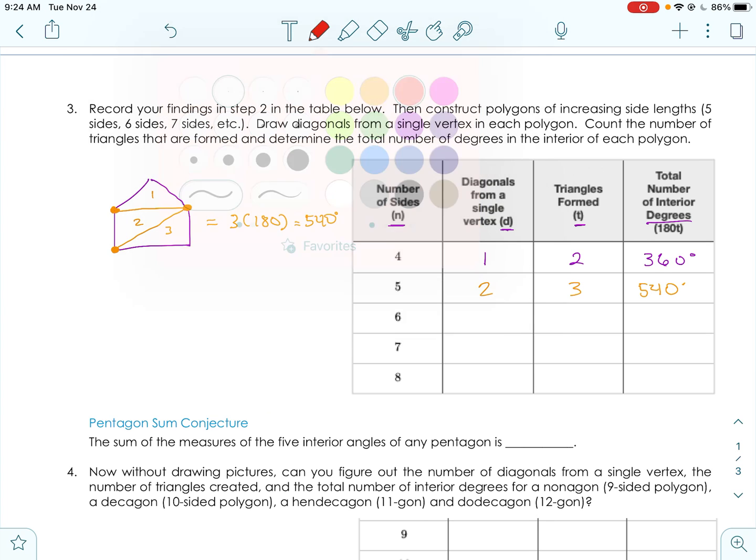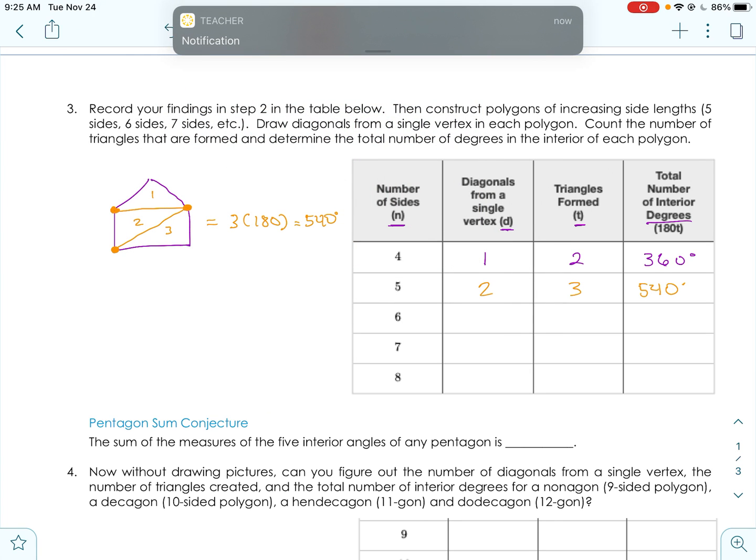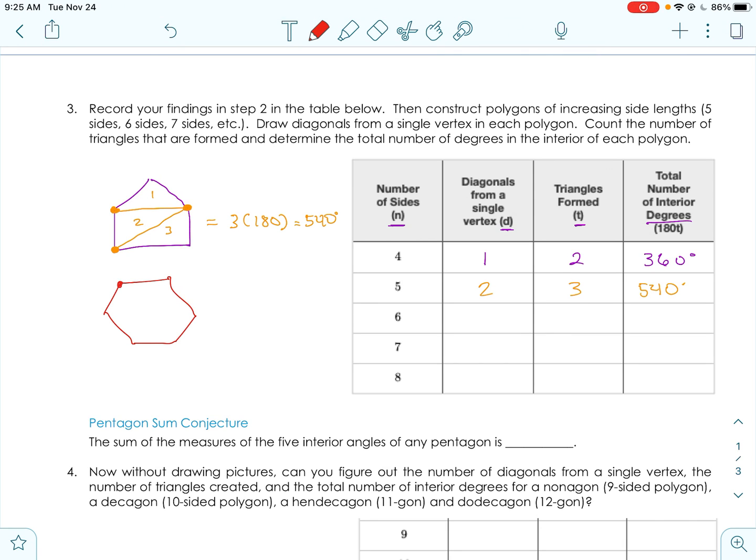So we have a 6-sided shape. Again, these get to be a little bit tedious to draw. So 1, 2, 3, 4, 5, 6. Again, make sure it is a concave or convex polygon. I'm going to choose one vertex and go here, 1, 2, 3. So if you look at that, I have 3 diagonals that were created.